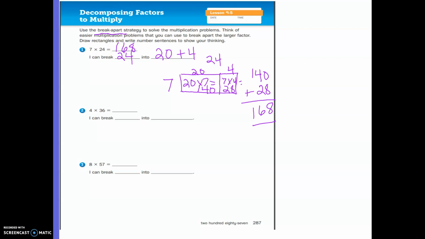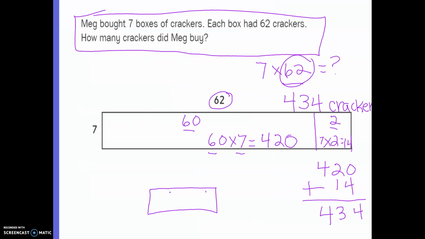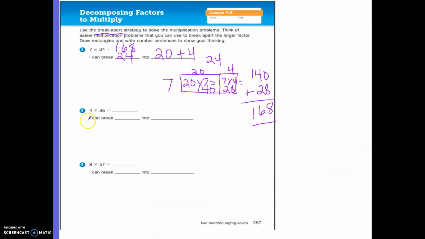Use number 1 here as an example. You can go back to this problem, to that page or part of the video, and use that as an example also. And I want you to work on solving number 2 and number 3. Think about what you're going to use the break apart strategy on.